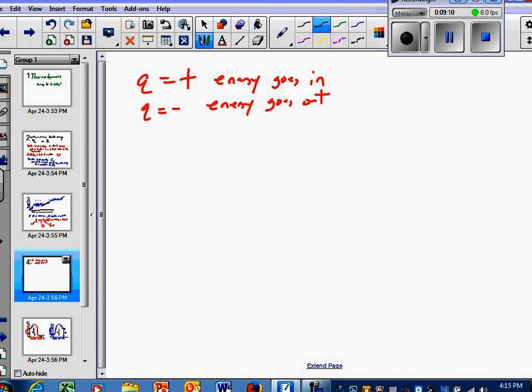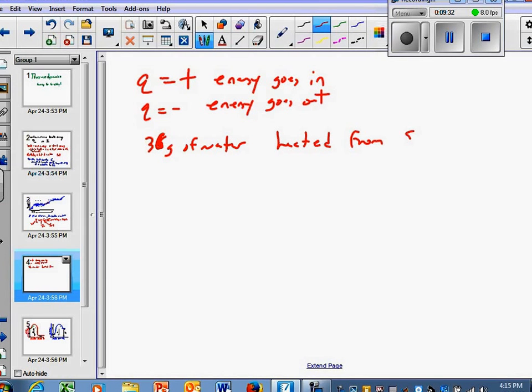So in the case of our water, let's say 36 grams of water heated from 5 degrees Celsius to 10 degrees Celsius. And in order to do this, I need to know the specific heat capacity of water, which is 4.18 joule per mole Kelvin.